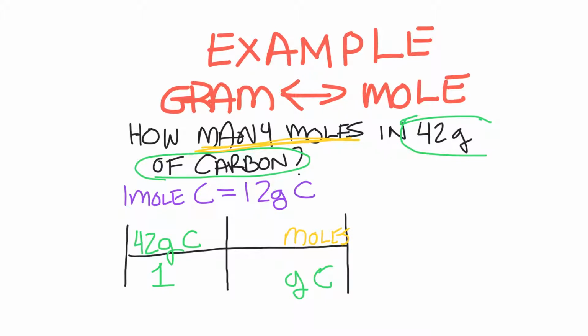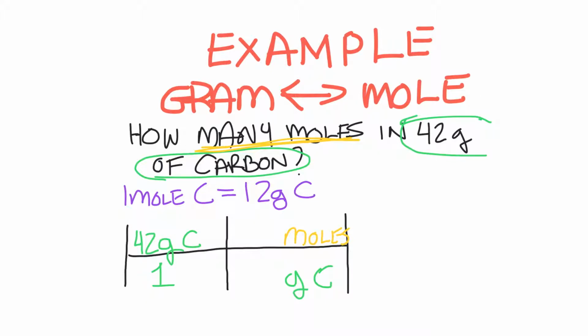Now we go back to our conversion factor and we look at it and we say, what is the number associated with each word in the conversion factor? So here, 1 mole of carbon equals 12 grams. So wherever the word mole is, I'm going to write the number that's with it, and that's 1.